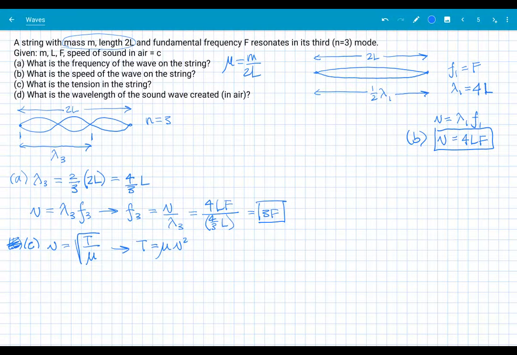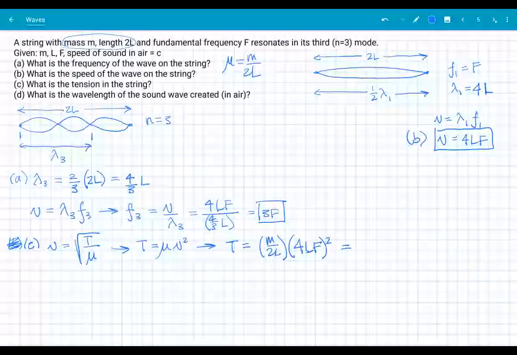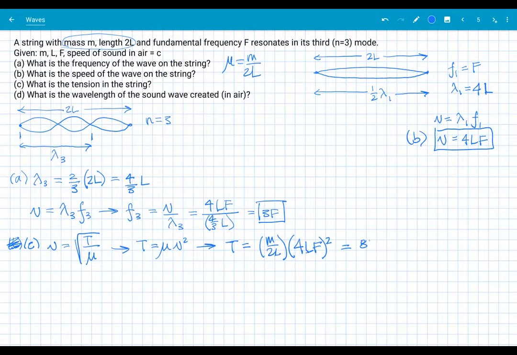We've got it. So we know the linear density, we know the wave speed, we can solve for the tension here. So linear density, which is m over 2L, and multiply that by the wave speed squared, 4LF squared, and that's going to give me 8F squared ML.